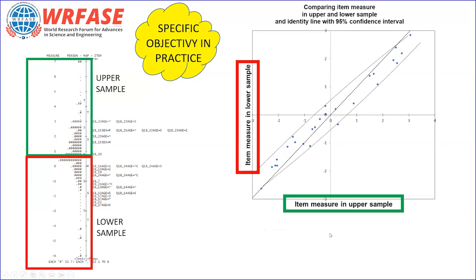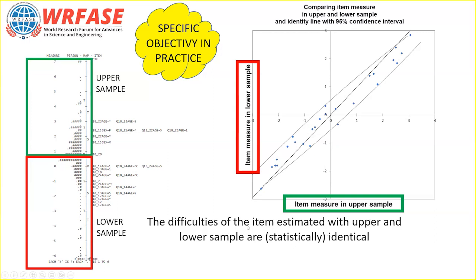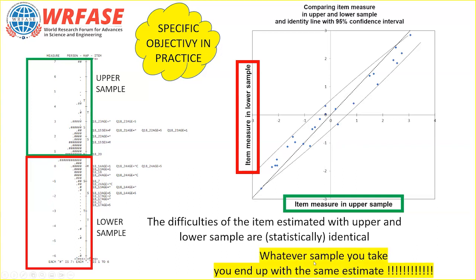And you can see that the difficulty of the items estimated with the upper and lower samples are almost identical. They lie in a 95% confidence interval around an identity line. So what does it mean? It means that whatever sample you take, you end up with the same estimate.